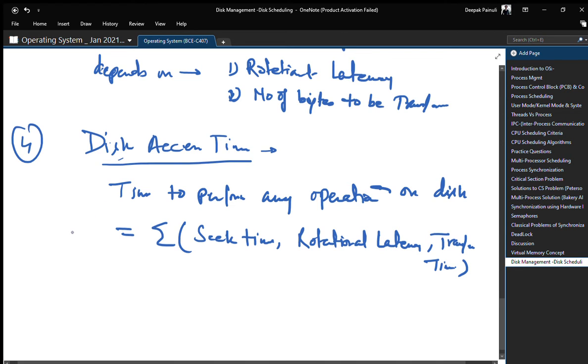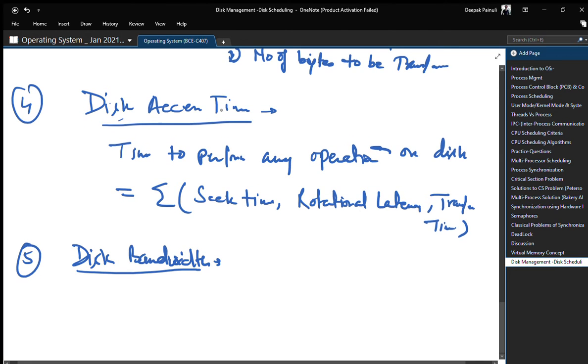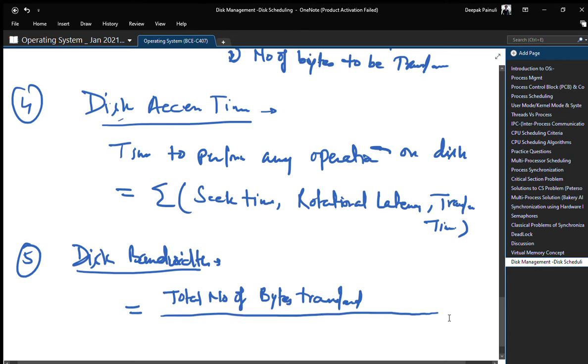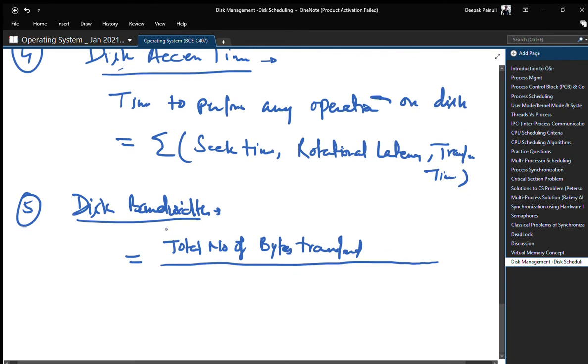And next, fifth one, we have disk bandwidth. Disk bandwidth will be equal to the total number of bytes transferred upon total time.